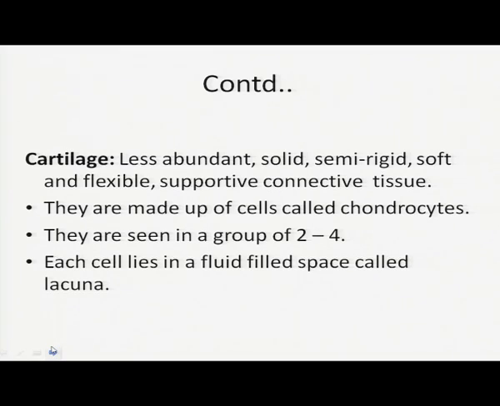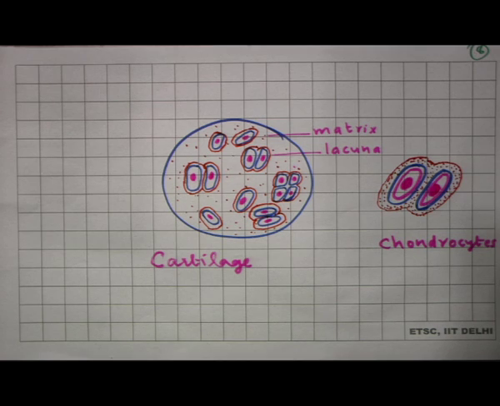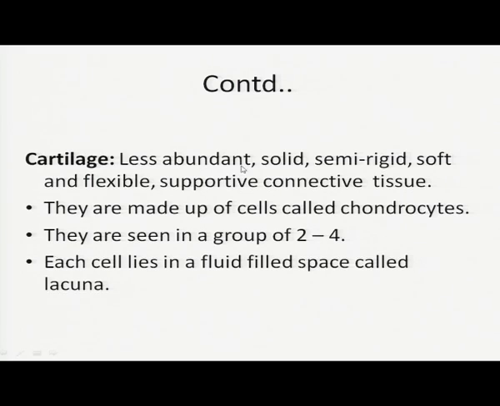Now, coming to the diagram of a cartilage, here you can see the structure of a cartilage. When we consider its abundance in our body, it is a less abundant supportive connective tissue.